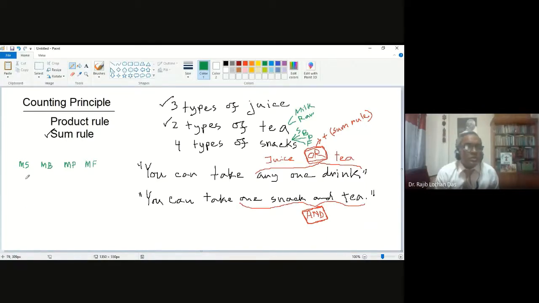Another person is choosing raw tea and singara, or raw tea and biscuit, or raw tea and puri, or raw tea and fruit. Possible, right? In this way, total options are coming as 8. 8 means 2 into 4. If you take milk tea, then 4 options. If you take raw tea, then again 4 options. You understand my point?